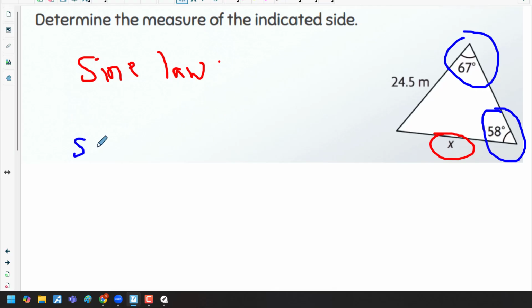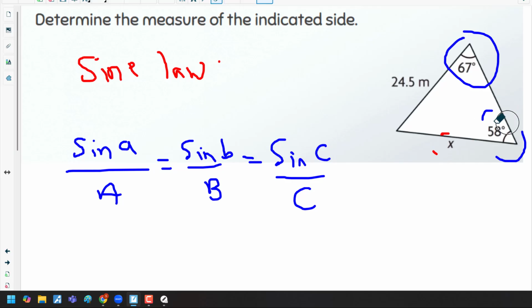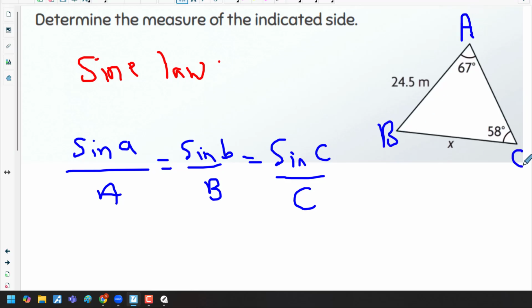Hopefully remember what sine law is. Sine law is sine of A over capital A equals sine of B over capital B equals sine of C over capital C. Now, these capital letters, where do they come from? In this example, since your vertices aren't labeled, or your corners aren't labeled, you can just label them A, B, C. It doesn't really matter.